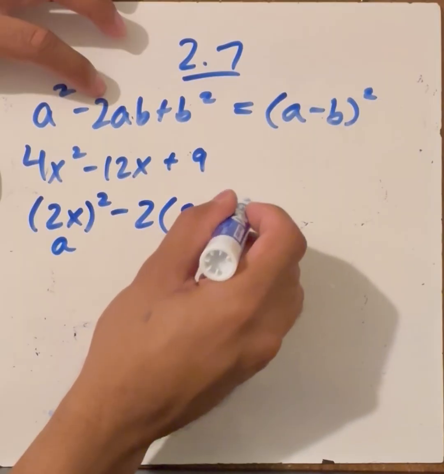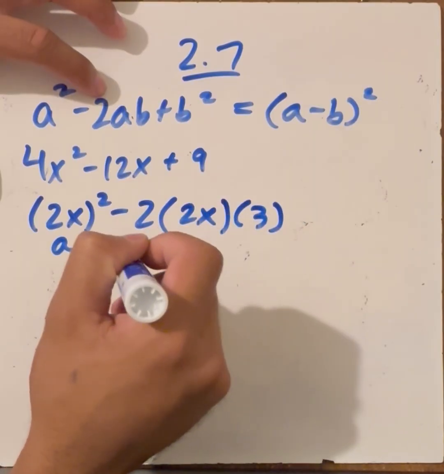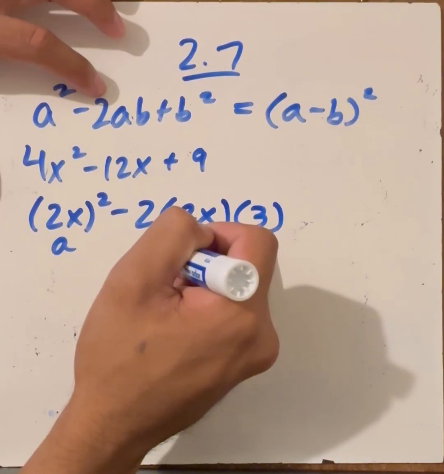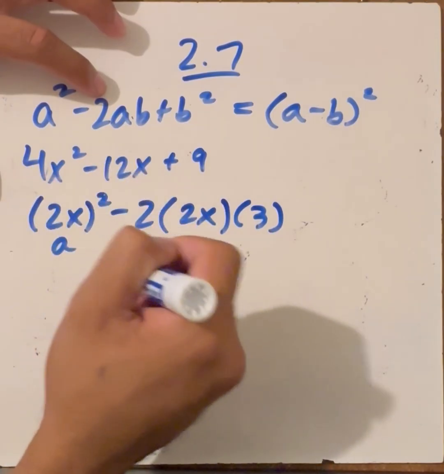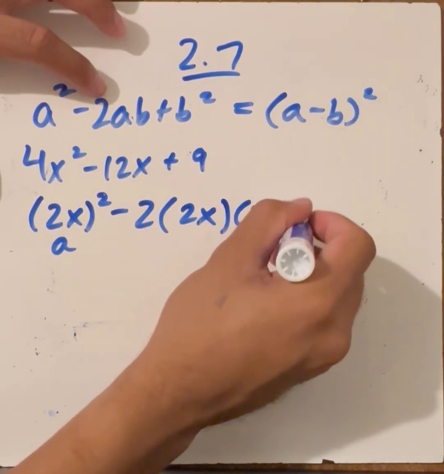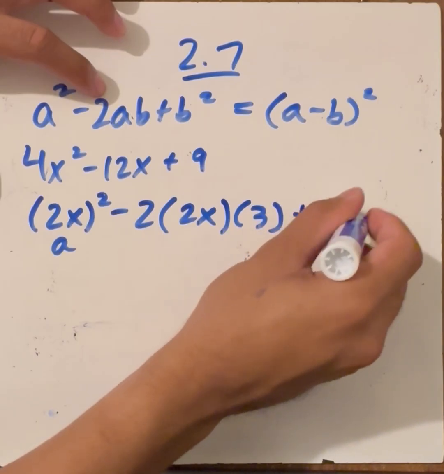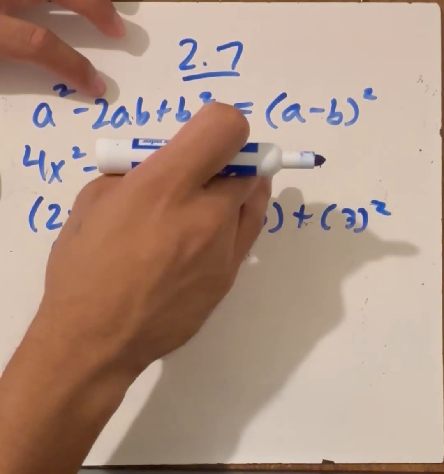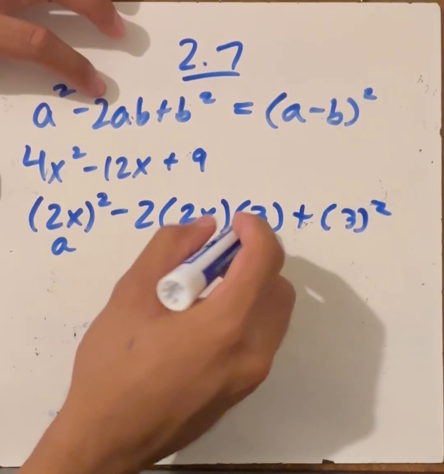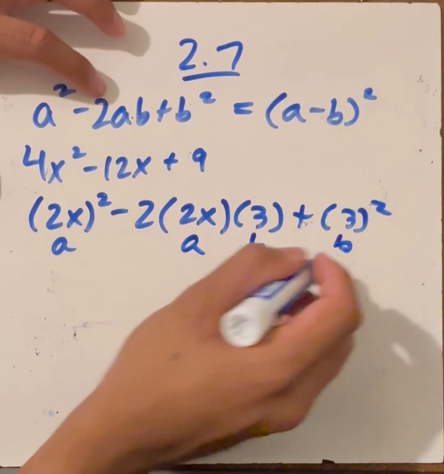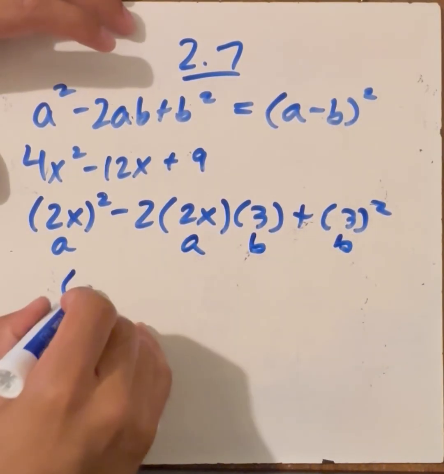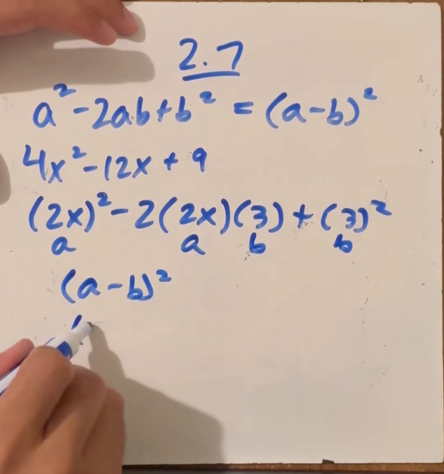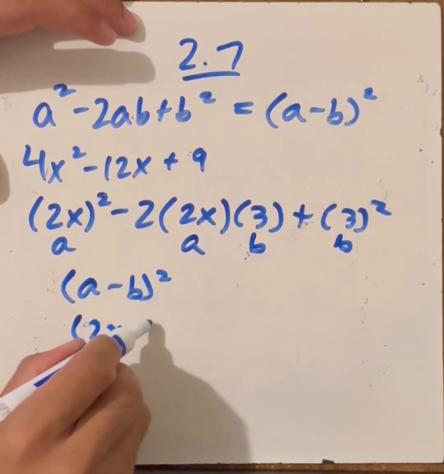So that would make our b have to be 3, because 4 times 3 is 12, and negative 12. And so if our b is 3, we would have to plug in 3 squared right here. Let's see that works. 3 squared is 9, that works. So our a is 2x, and our b is 3. So in the form of a minus b squared, we can say that it would be 2x minus 3 squared.